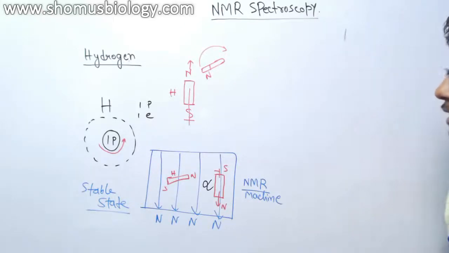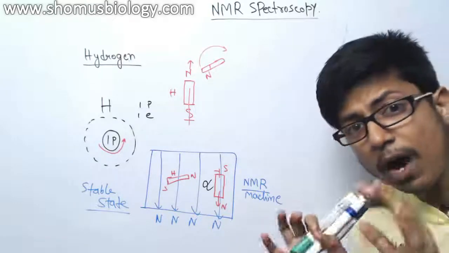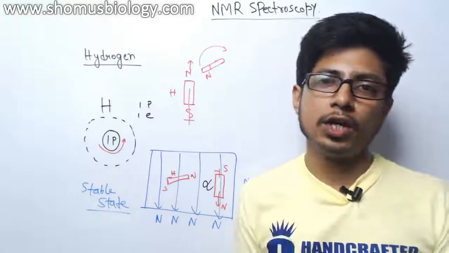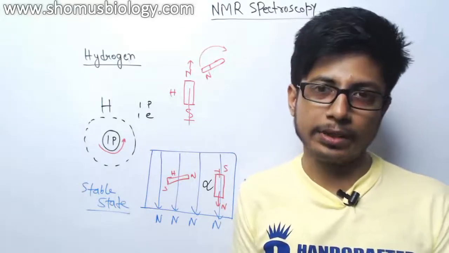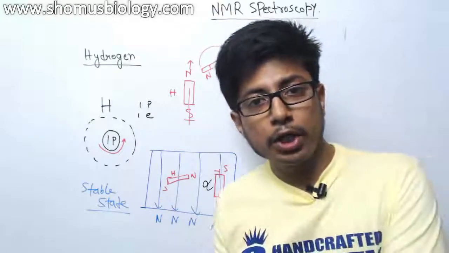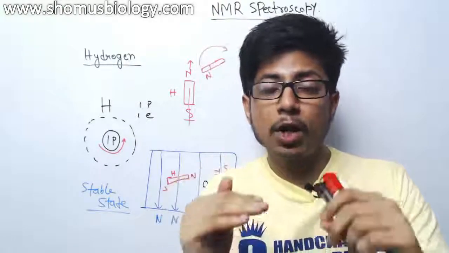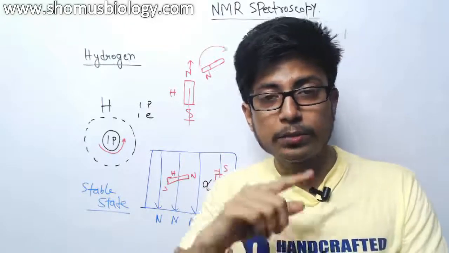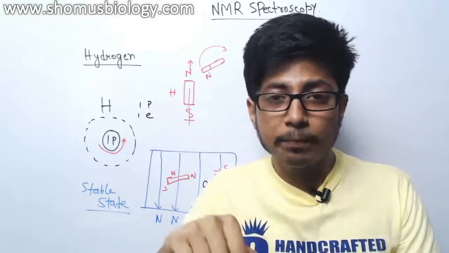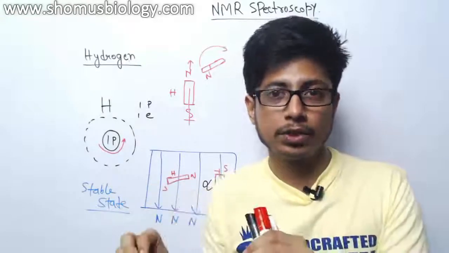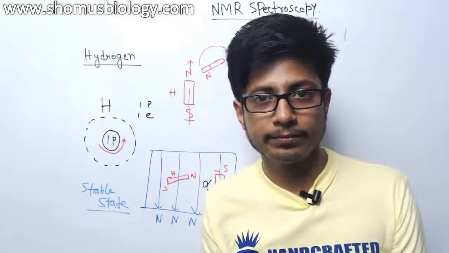Now the second part of this understanding is how exactly it is going to help us understand the structure of a molecule. NMR spectroscopy is very important to know the presence of different groups and different atoms with one another. It's very important for the spatial arrangement of those atoms with respect to one another.